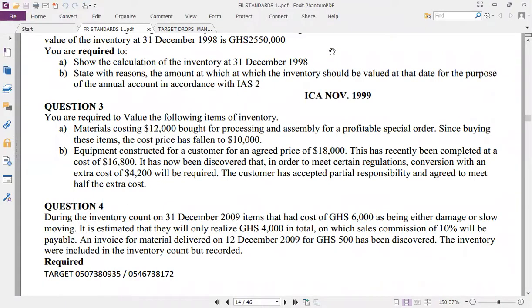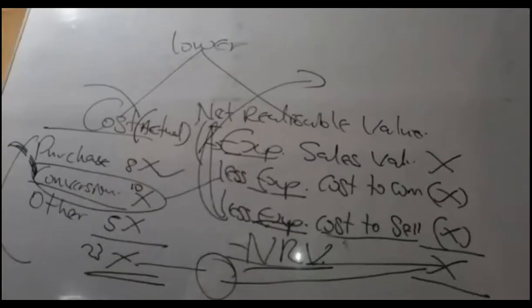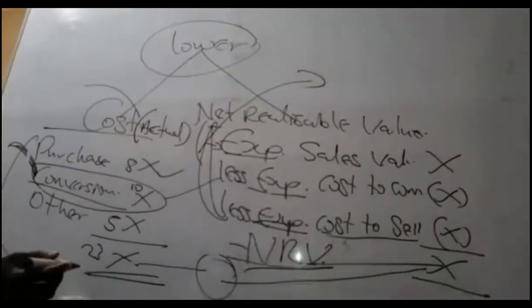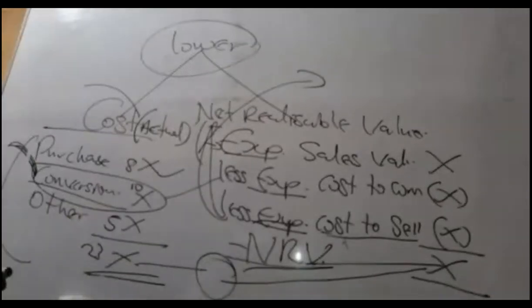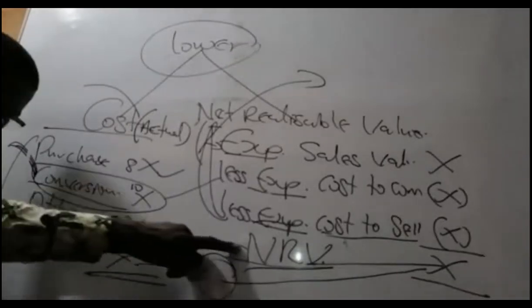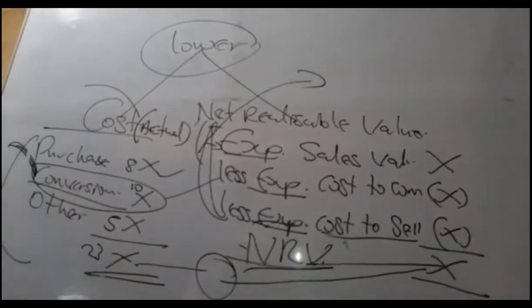We said that to value inventory, you compare the cost and the NRV, and you are done. And we said that they have to inform us the selling price, or they have to give us the NRV straightforward, before we can use that as NRV.